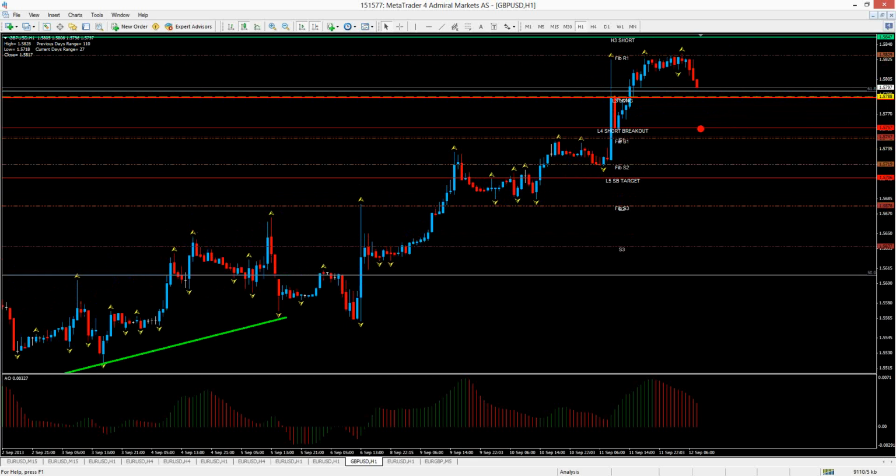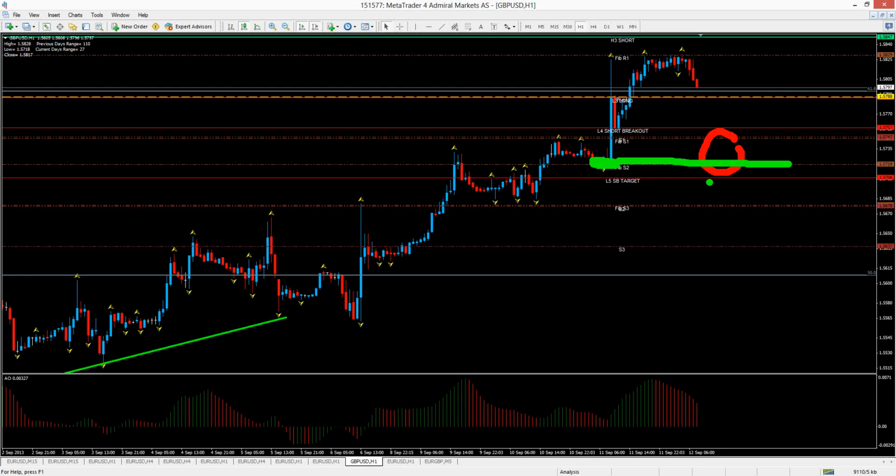The L4 and L5 I think is a bit risky personally, because we have that daily candle, and I think the daily candle low is right about here. We have the green circle. I think that's a bit risky, because you can see that support cuts right about the L5 target.